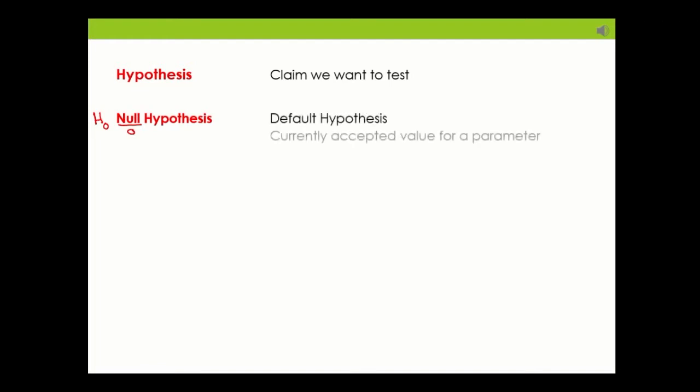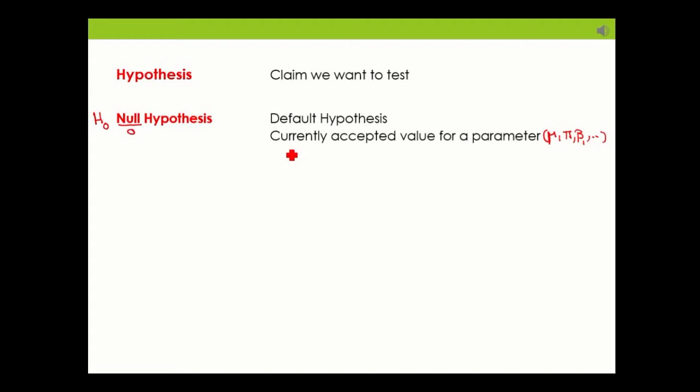And this is the default hypothesis as the currently accepted value for a parameter. The parameter can be the mean of the population, proportion of the population, or the slope of the regression line for population, or other characteristics of the population.